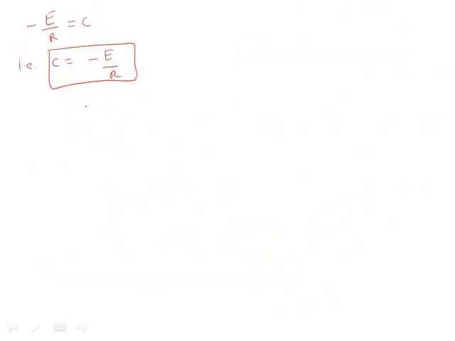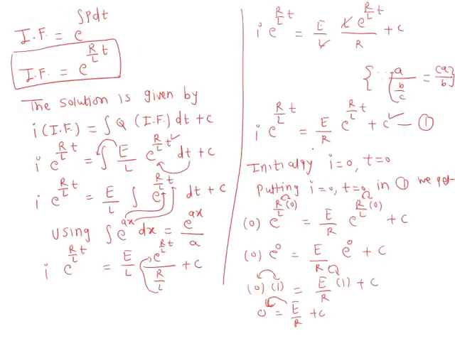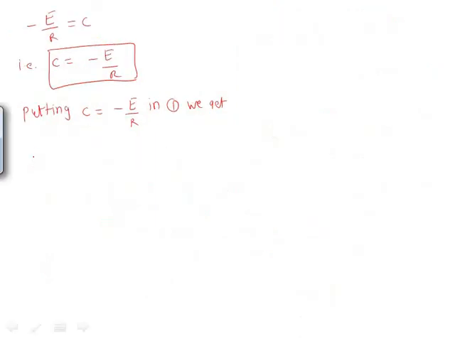Now we have to put this value of c in equation 1. Putting c equal to minus E by R in equation 1, we get the next equation.